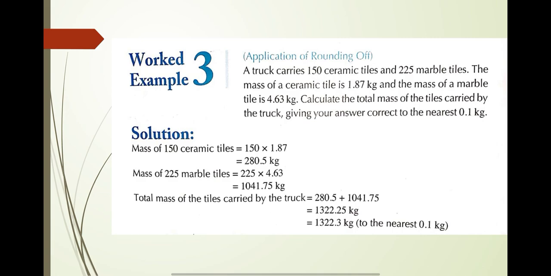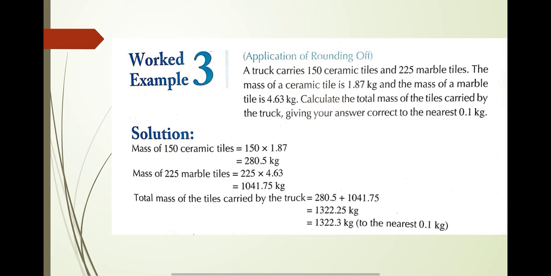Application of rounding off. A truck carries 150 ceramic tiles and 225 marble tiles. The mass of ceramic tiles and the mass of marble tiles are given. So calculate the total mass, they say.